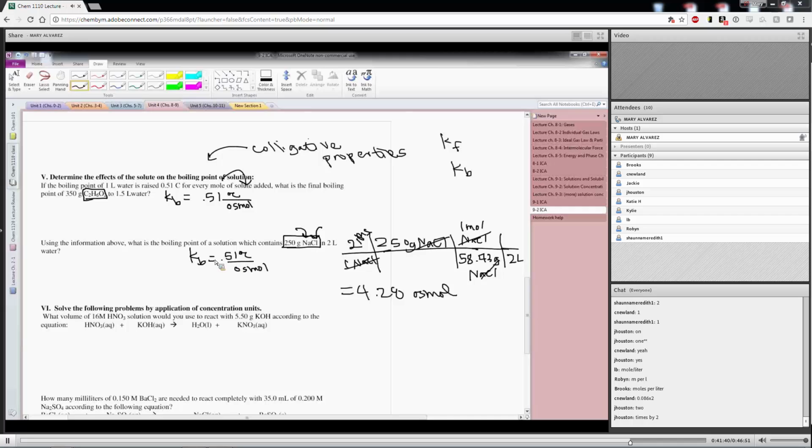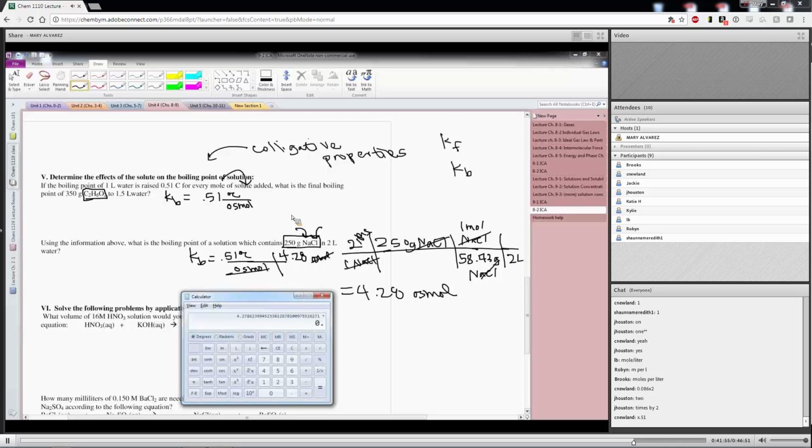And if I know my boiling point raises by 0.51 degrees Celsius for every 1 osmol, I'm just going to multiply that through dimensional analysis. You guys can do this. I find my boiling point increases by 2.18 degrees Celsius.